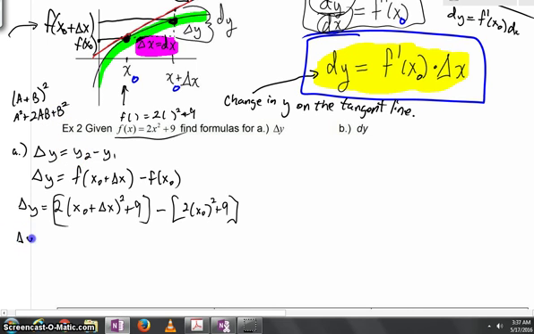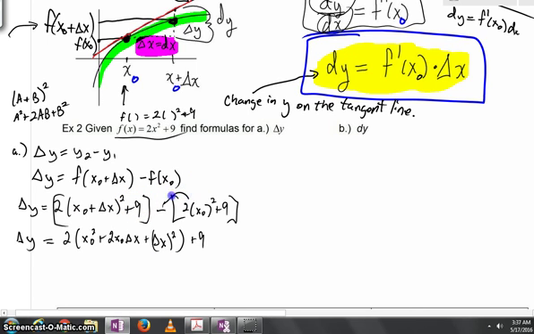And we're going to really work that out right now. Let's keep our 2 out in front, but this will become x naught squared plus 2 x naught delta x plus delta x squared. Then I'm going to have to multiply by 2. And after I distribute a 2, I'll add a 9.